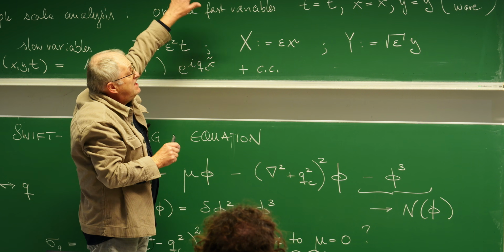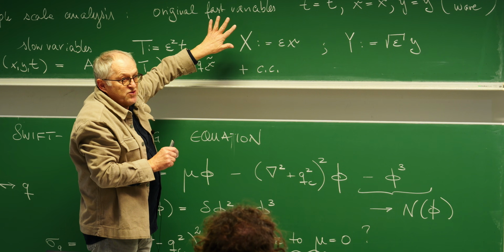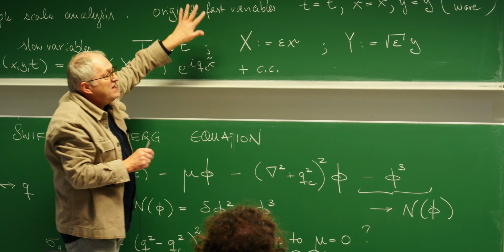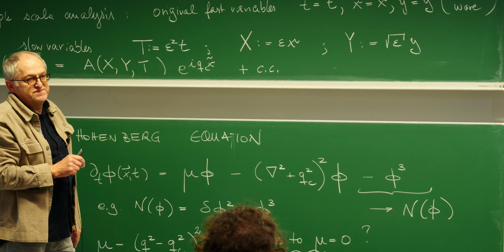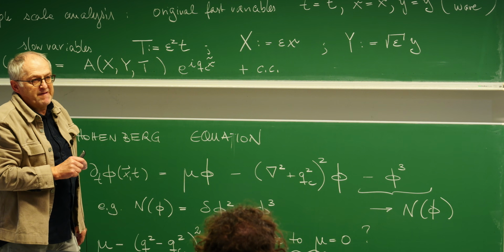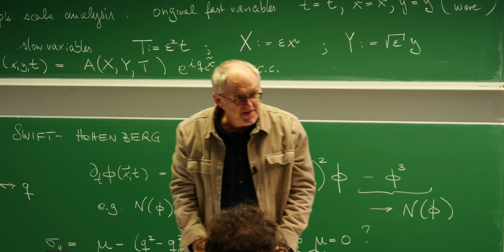And then as I insert that into the Swift-Hohenberg equation, I will need to do a perturbation theory that keeps all these terms to a consistent order in epsilon. Okay? You'll see. Maybe it becomes clearer when I work out the mathematical details.